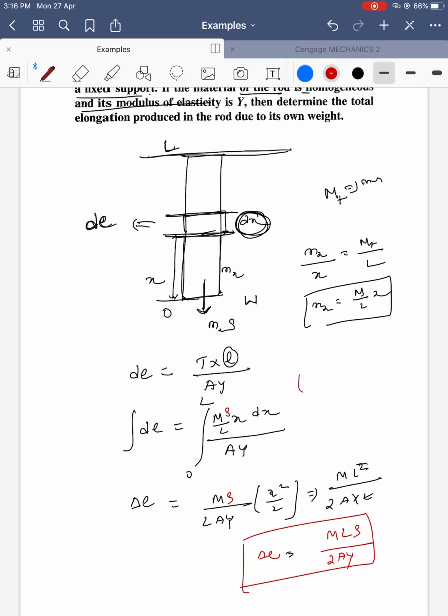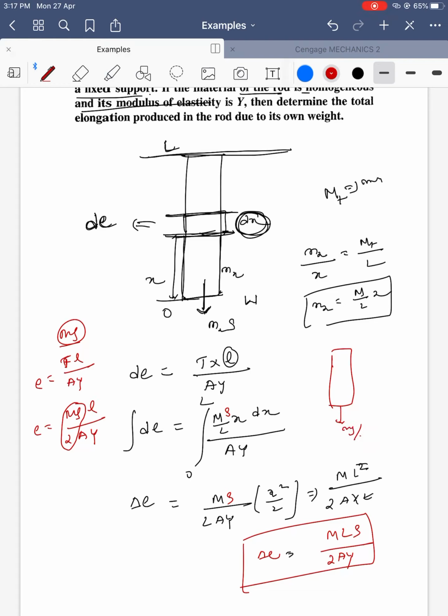Sir, how can we simplify this? If the question says due to its own weight, what is the weight of the rod? mg. The elongation formula is force into L by area into Y. If the rod has its own weight, the elongation we got is mgL by 2AY. So instead of mg, what has come? mg by 2.